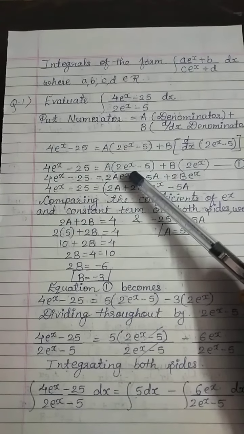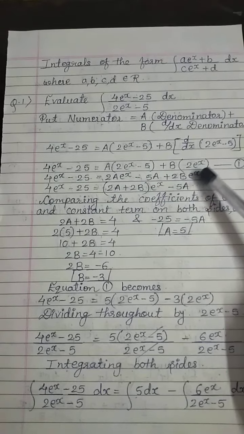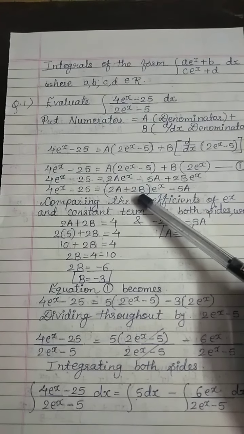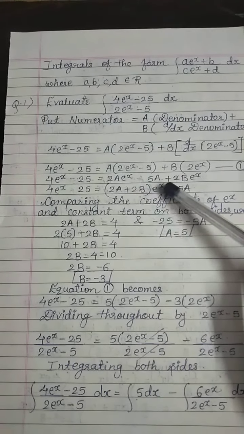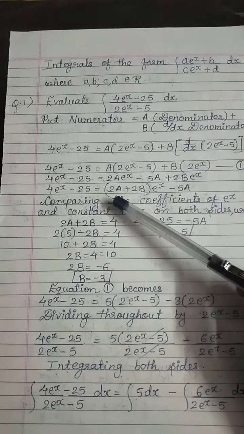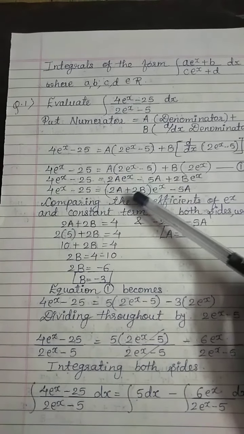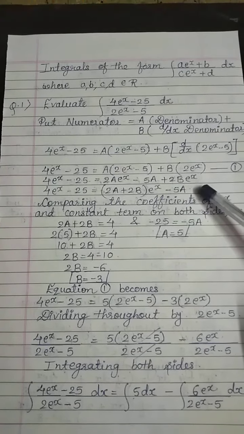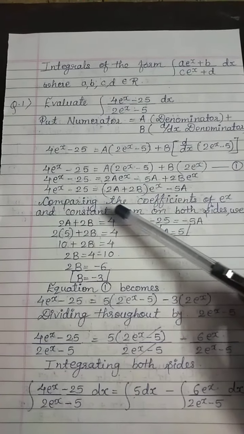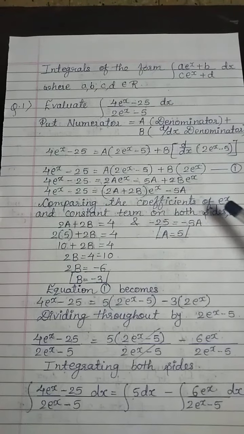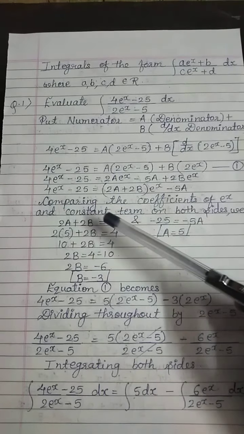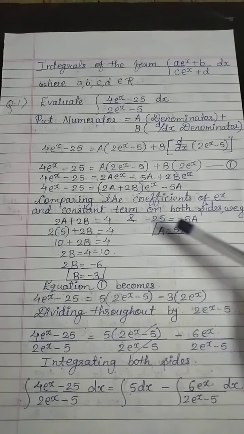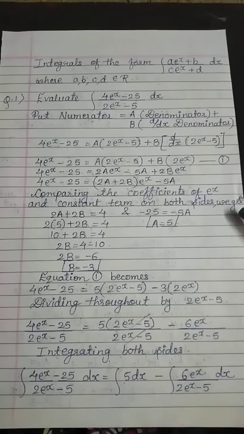Now the terms containing e raised to x we will write together, taking e raised to x common. So in the bracket we will get 2a plus 2b, and the constant term minus 5a as it is. Now comparing the coefficients of e raised to x and the constant term on both sides.